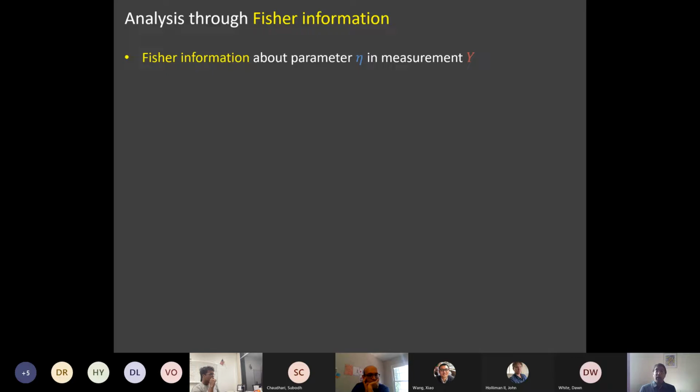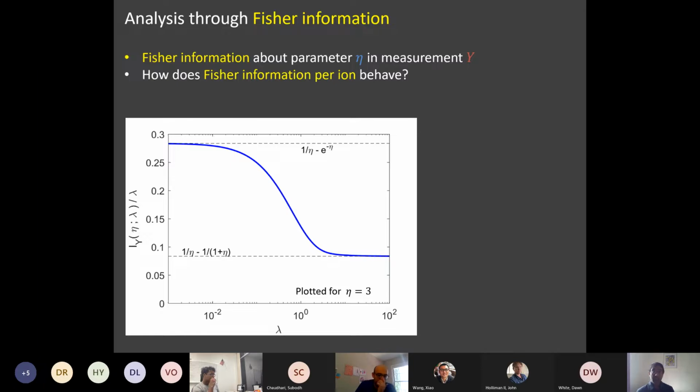Okay, so one of the ways to understand the advantage provided by the time resolved sensing, and it also illustrates the elegance of the continuous time analysis, especially if you first read our discrete time analysis and how messy it is, is through Fisher information. So we're interested in the Fisher information about the parameter eta that's present in the measurement y, or in y and m tilde, in whatever we have available to us. So how does this Fisher information behave when it's normalized by lambda?